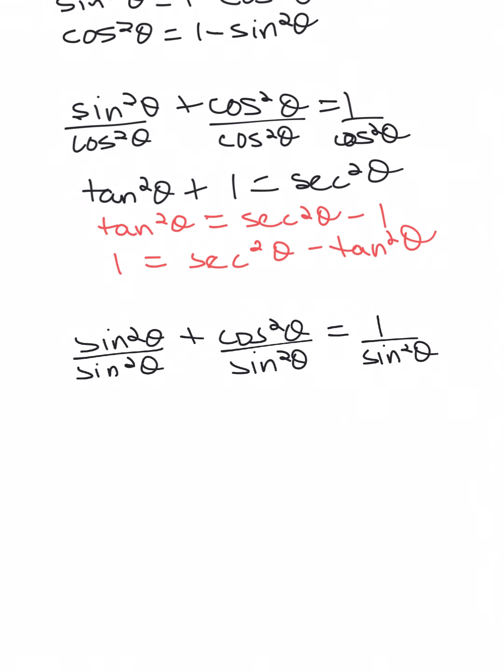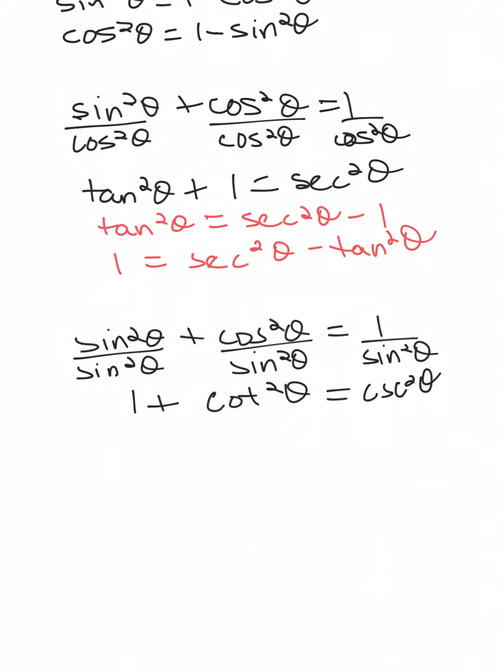Well, sine squared over sine squared equals 1. Cosine over sine equals cotangent, so cosine squared over sine squared is cotangent squared. And 1 divided by sine squared means the reciprocal of sine squared, which is cosecant squared theta. So this is your third version of the Pythagorean identities.